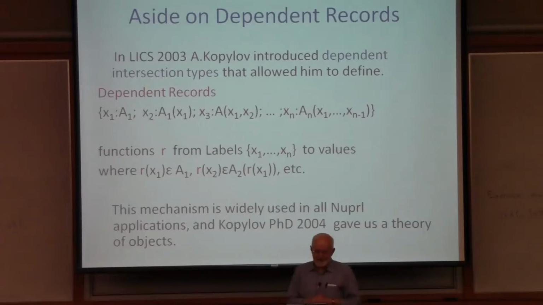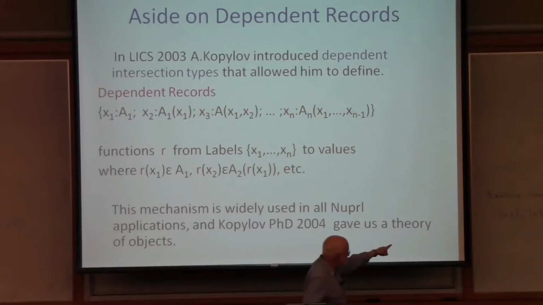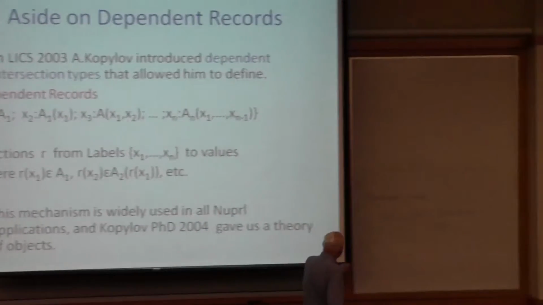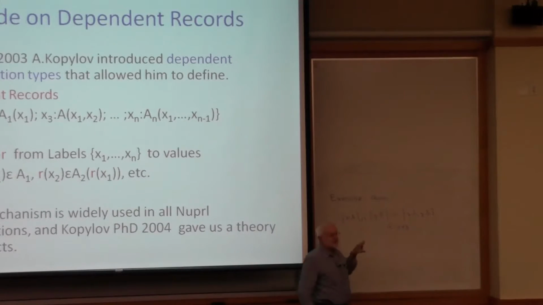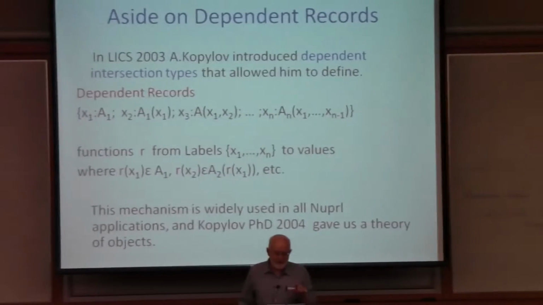So the amazingly cool thing about intersection types, which will be the topic of the lecture, is that in 2003, Alexei Kopylov showed how to build those dependent records out of a single intersection of singleton records. It's like an unbelievable thing.